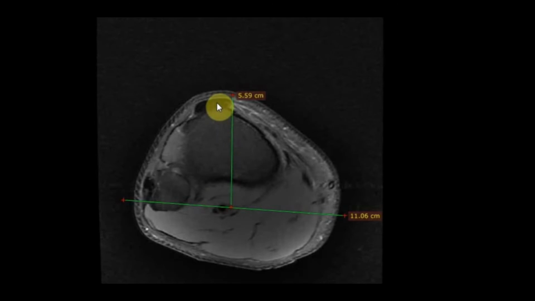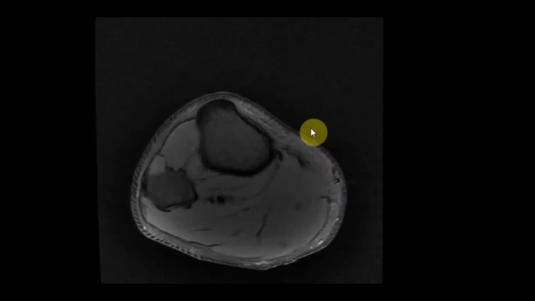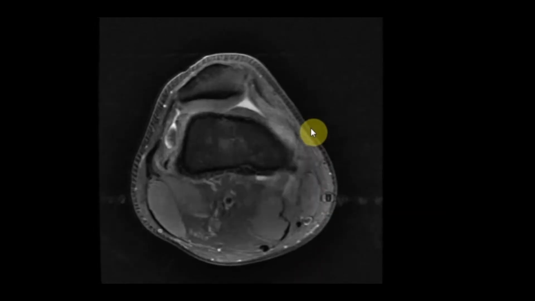And then we take a line that is perpendicular to the condylar line, and it is cutting the tibial tuberosity. And then we measure the distance between these two lines. So in this case, it is approximately 8 mm, which is normal. It is less than 15 mm, and it is absolutely normal.